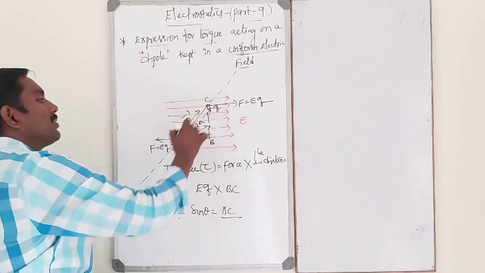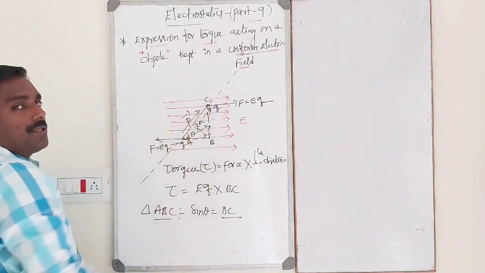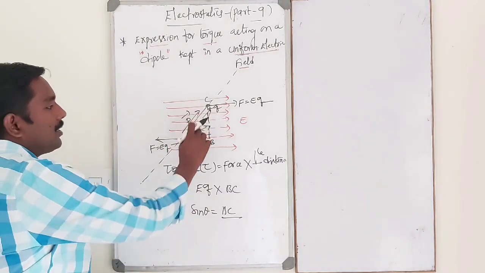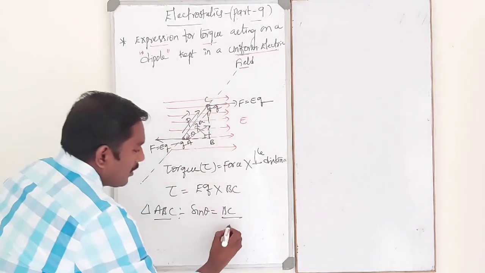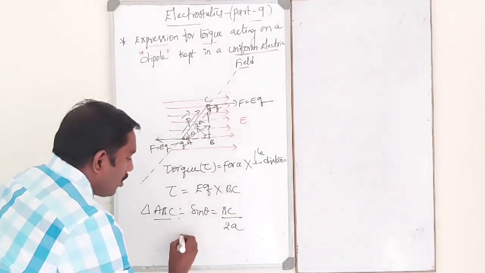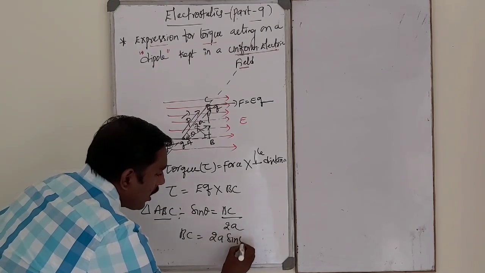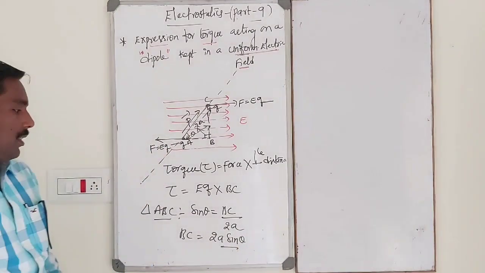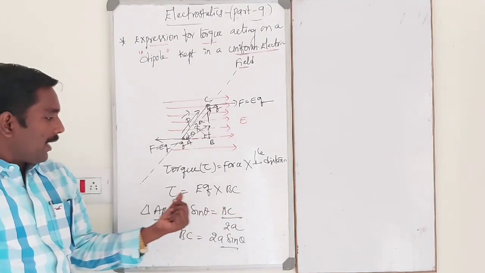This is the hypotenuse. What is its value? AC, and AC means 2A. So BC is equal to 2A sin theta. Substituting the BC value in this equation, we will get the torque.